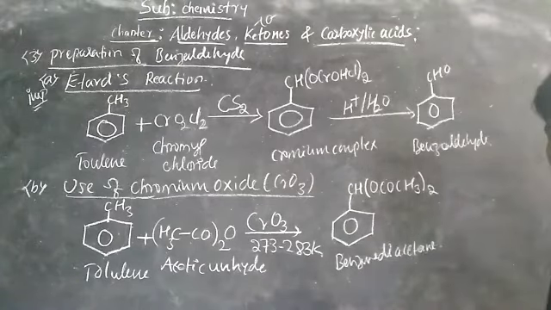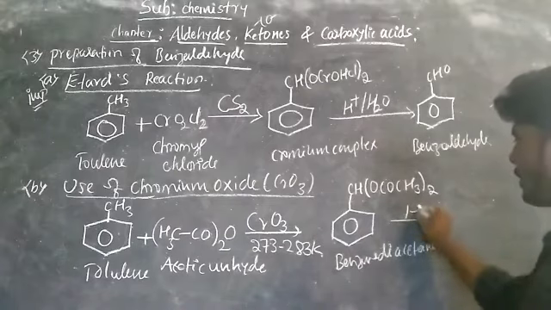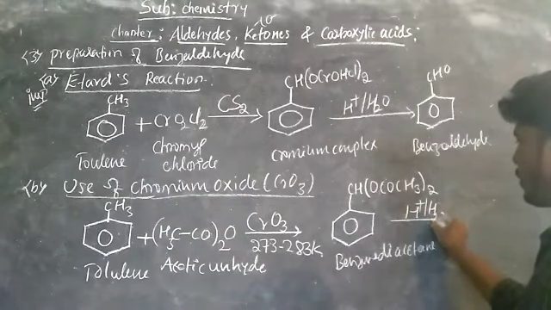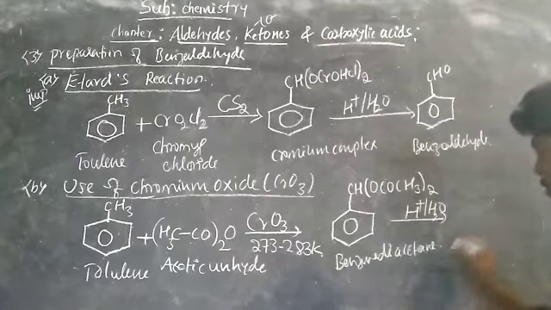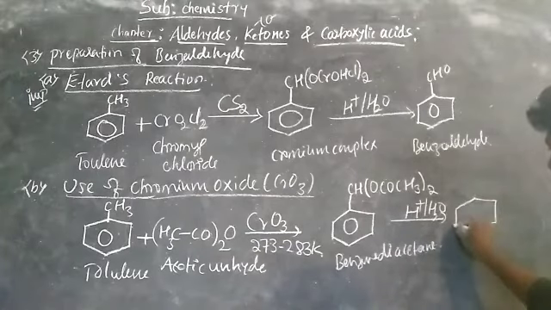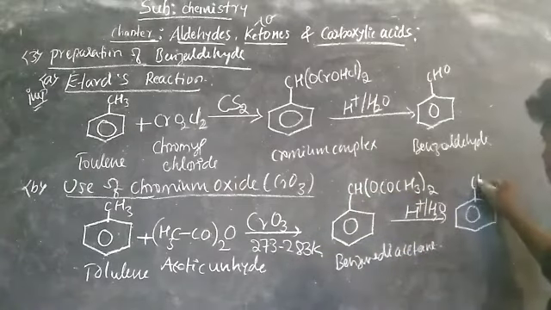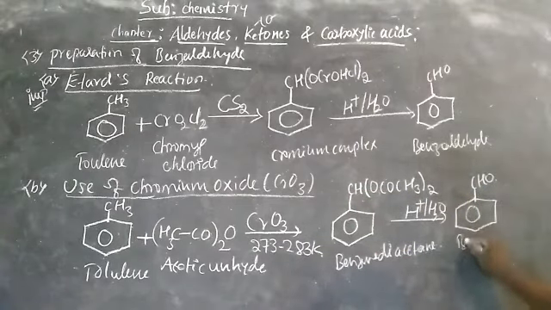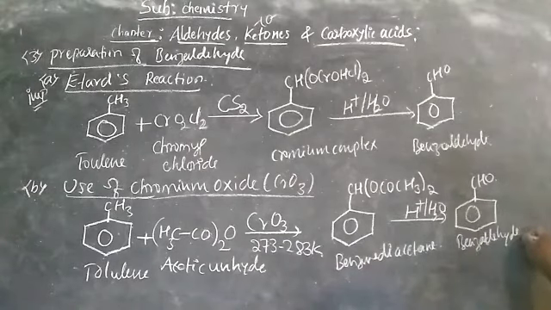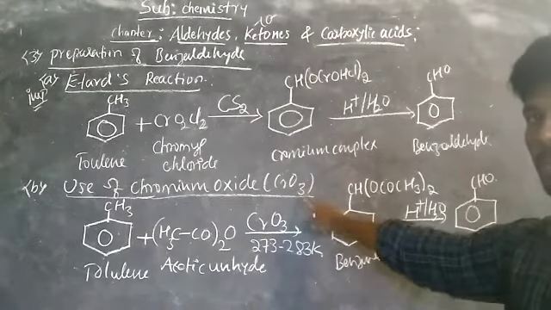You get this compound, which undergoes acid hydrolysis. You get the compound benzaldehyde. This is the second method to prepare benzaldehyde by using chromium oxide.